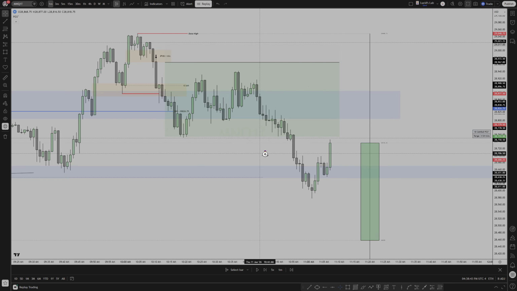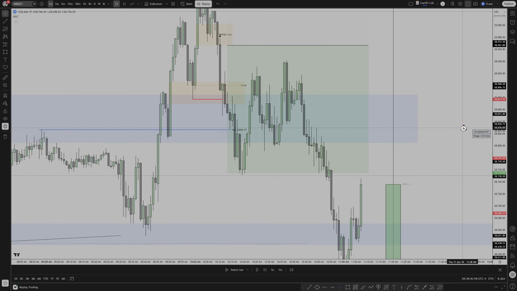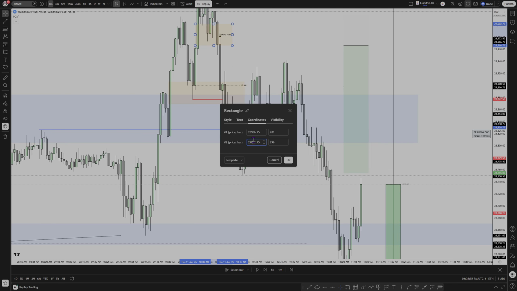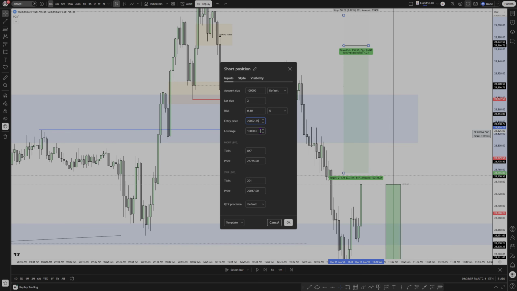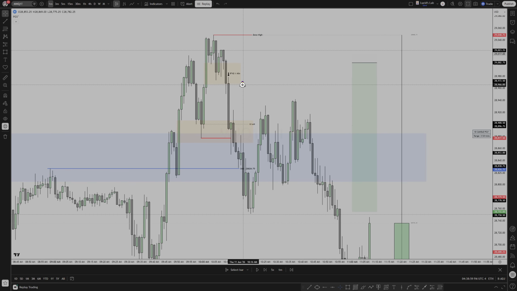So it fell again. Adding this over here, and then the low of this would be the entry. And make adjustments really quick. Sorry.